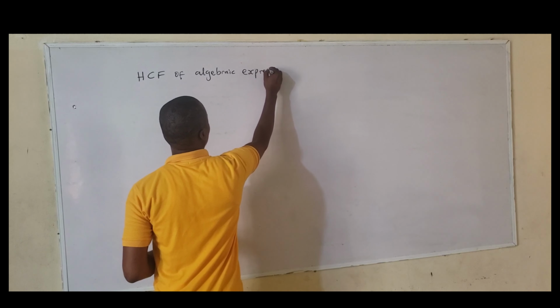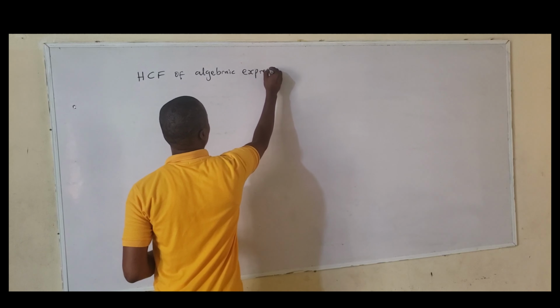Let us look at another example. Let's call this number 1. Number 2, let us look at 17a squared y and 15ay squared b.